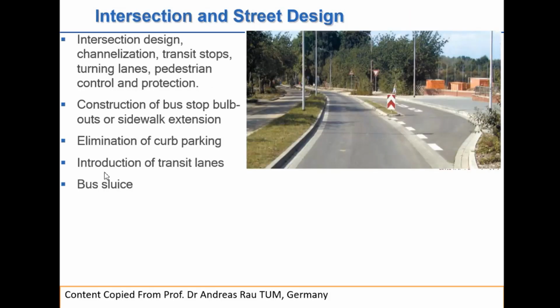How can we increase the transit speed if we look at a particular street design? As you can see here, the intersection design should have precise channelization, with conventionally located transit stops such as turning lanes, pedestrian control, and protection lines, and so on.